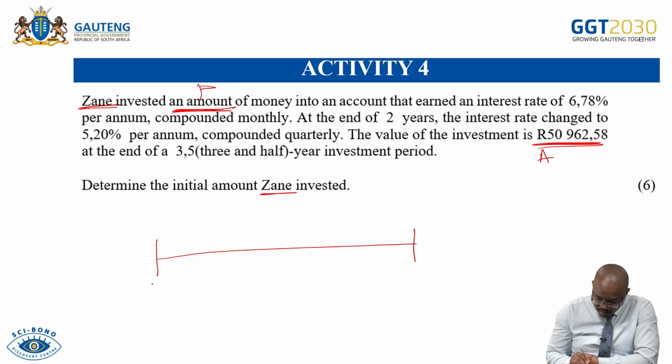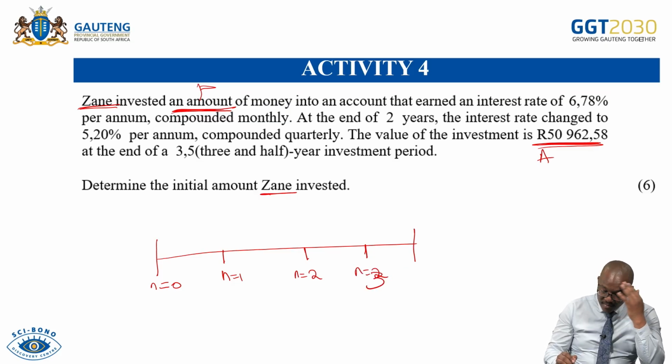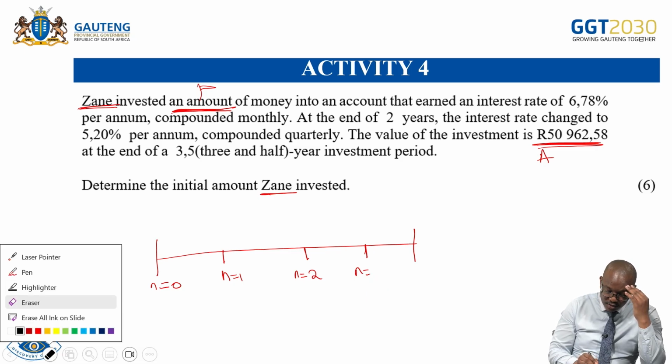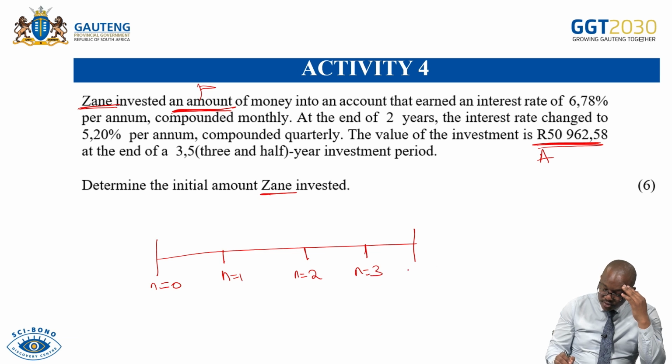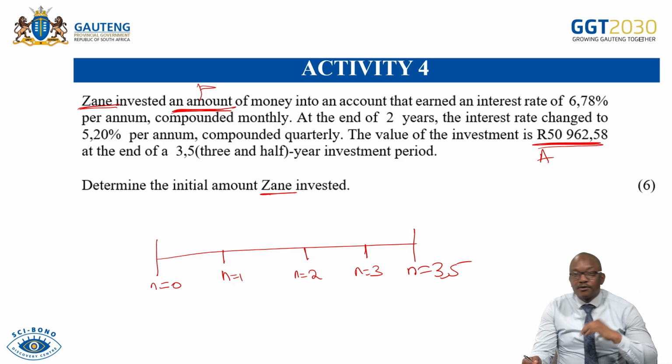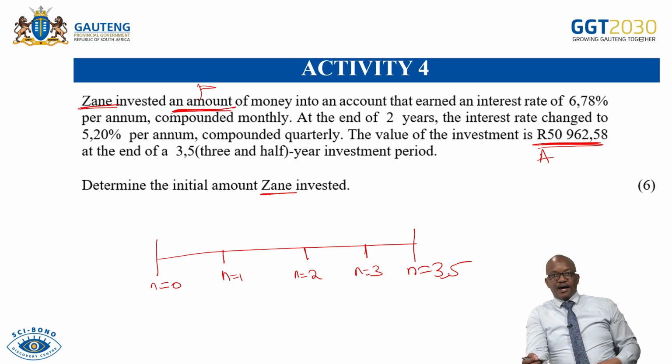So we are having year 1, year 2, year 3, and remember, we are talking about years. So here is going to be year 3.5. Correct. At the end is 3.5.